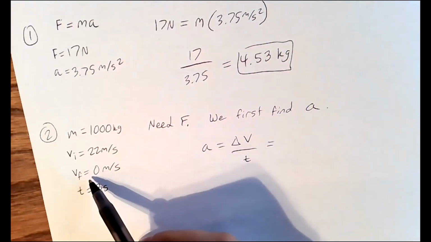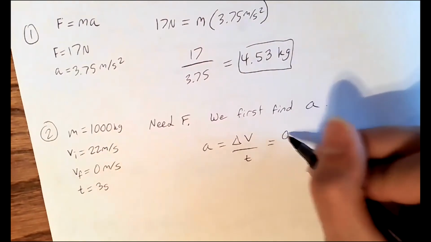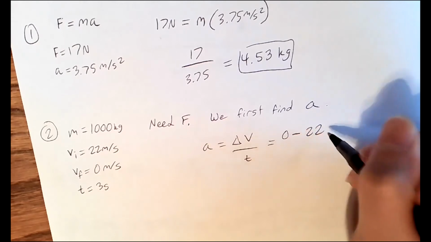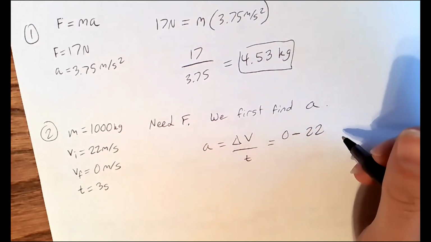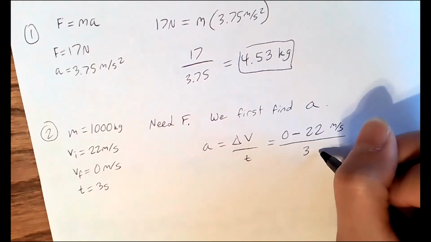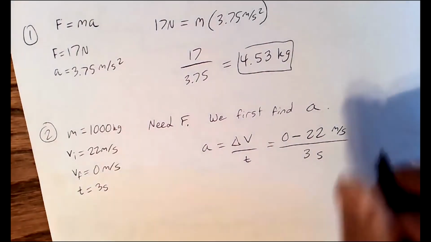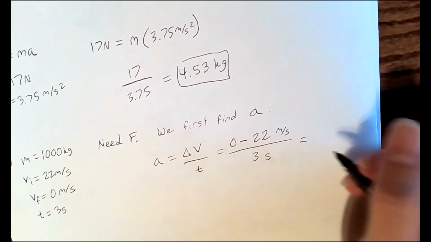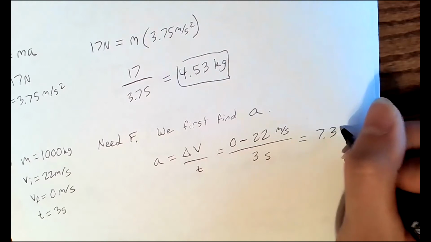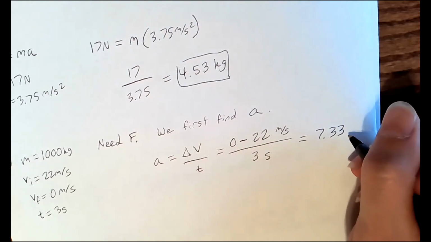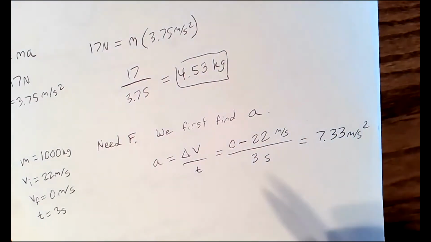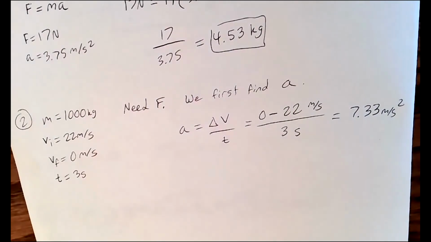So we'll take the final velocity minus the initial, all over 3 seconds. Plug that into your calculator like I am about to do. And you get 7.33 meters per second squared. And now we can plug and chug.